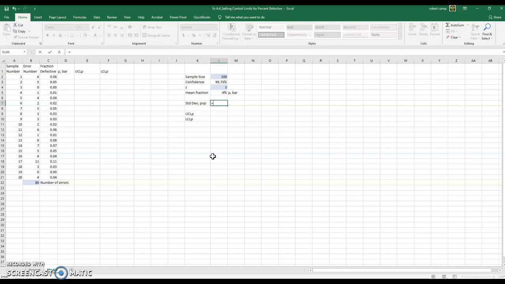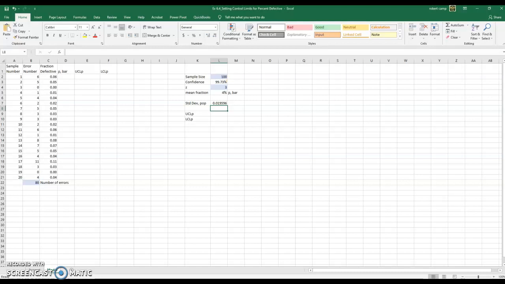It's the mean fraction, P bar, times 1 minus P bar, divided by the sample size, and then take the square root of that entire thing. So square root, and we will need an extra parenthesis there, of P bar times 1 minus P bar as a numerator, divided by our sample size. And we have a standard deviation of 0.0195.